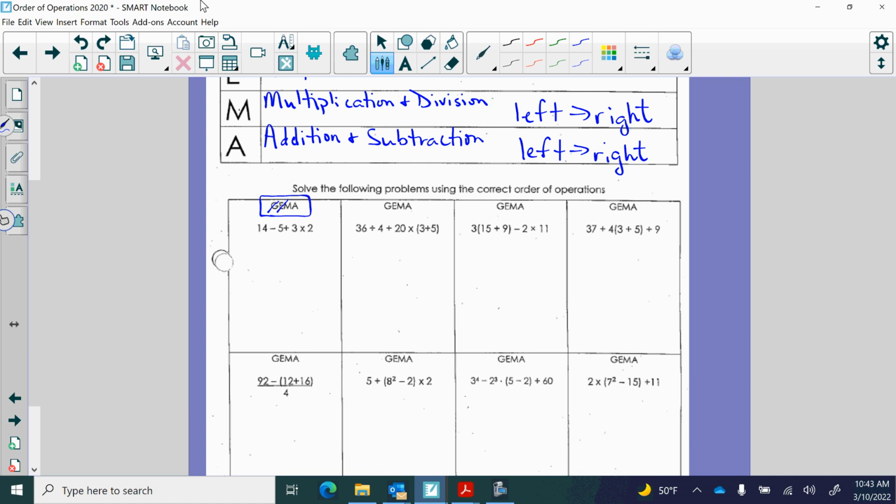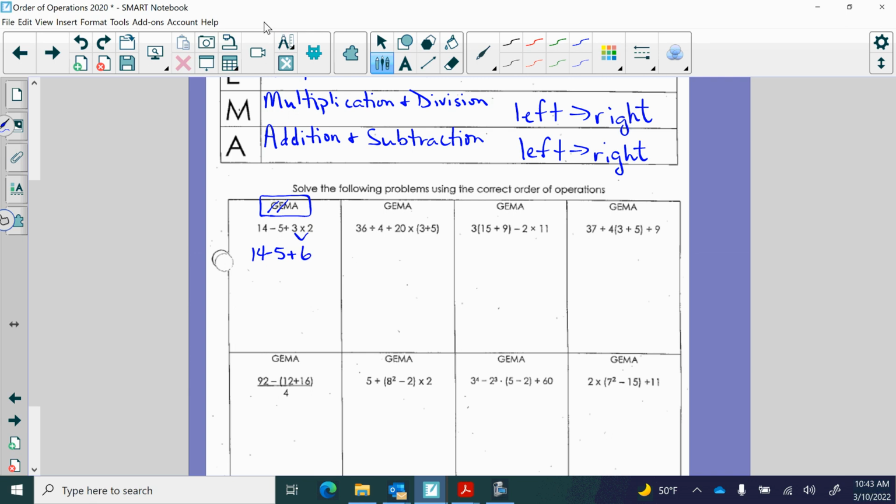Yes. Now the way I mark it is I just put a little loop under the numbers that I'm working with, and then you rewrite everything else. So I'm not doing the 14 minus 5 yet, so I rewrite that. I'm not doing the addition yet, so I rewrite that. Then I actually do the math. 3 times 2 is 6, and now I write that in there.